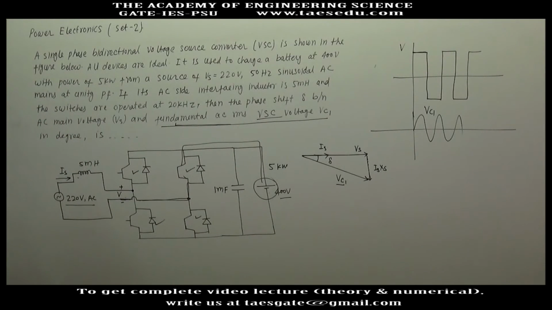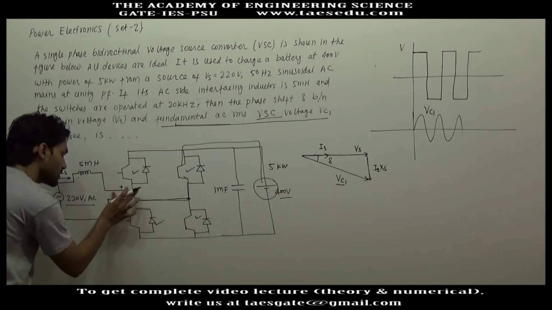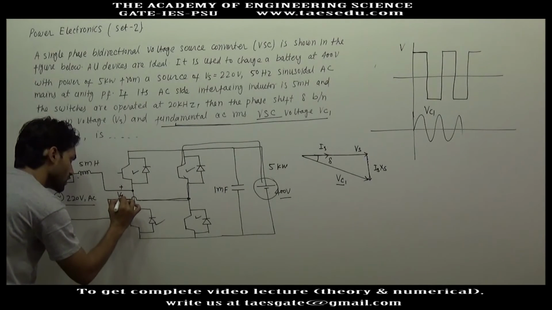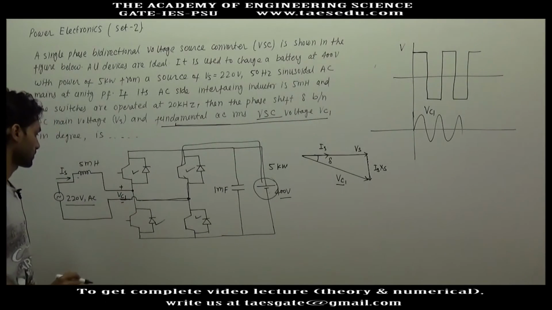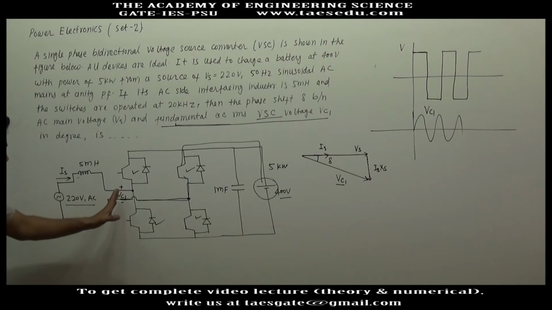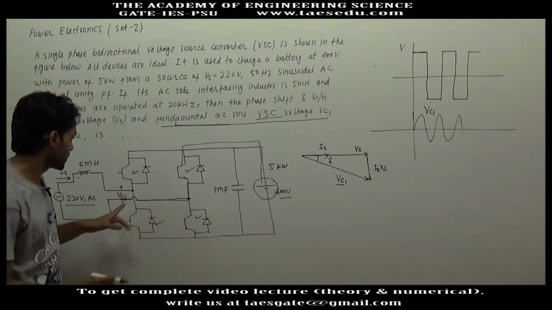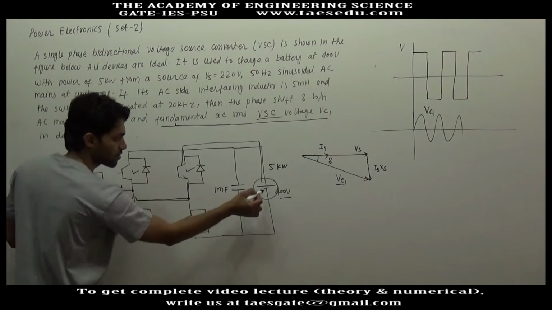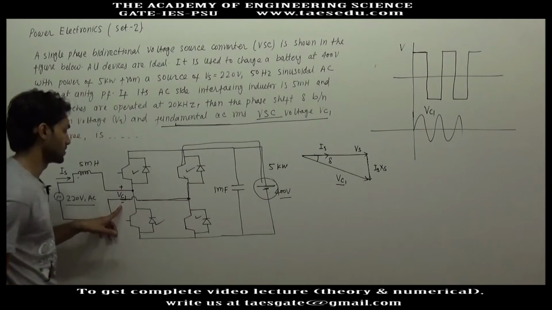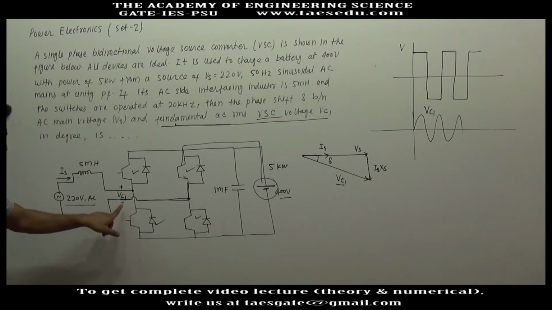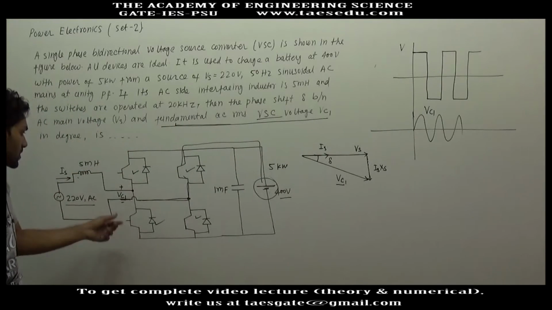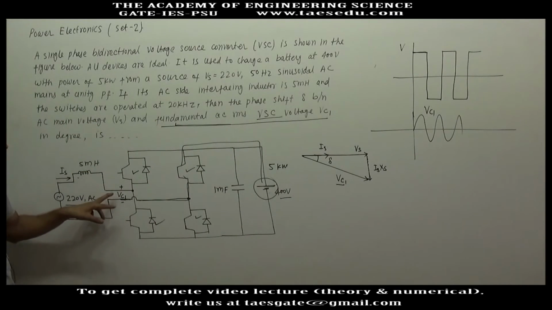Okay. So now let us say the fundamental component of voltage is Vc1 here, and this Vc1 will be because of this 400 volt DC source. So instead of this much circuit diagram, I am just connecting a fundamental voltage source of Vc1 here.